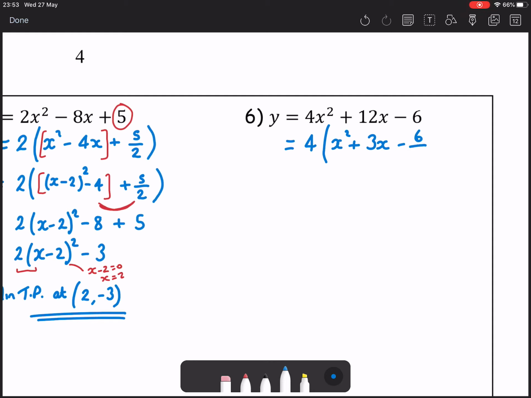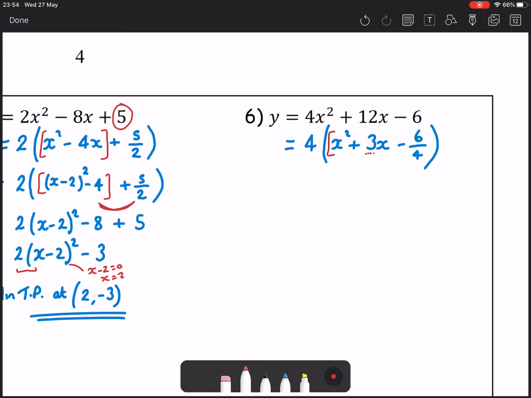Could simplify that, but I'm actually just going to keep it exactly the same because it's not going to do anything. This one will be a wee bit trickier because of the odd number, so I will have a fraction within my completing the square, but again I'll multiply through by 4 just towards the end, and then simplify.